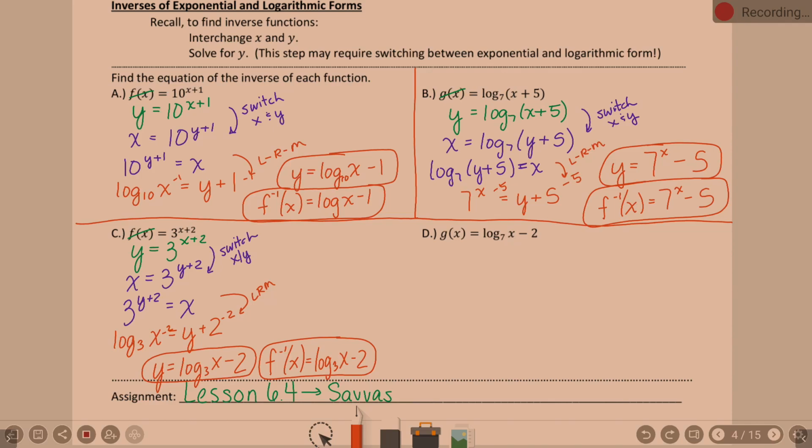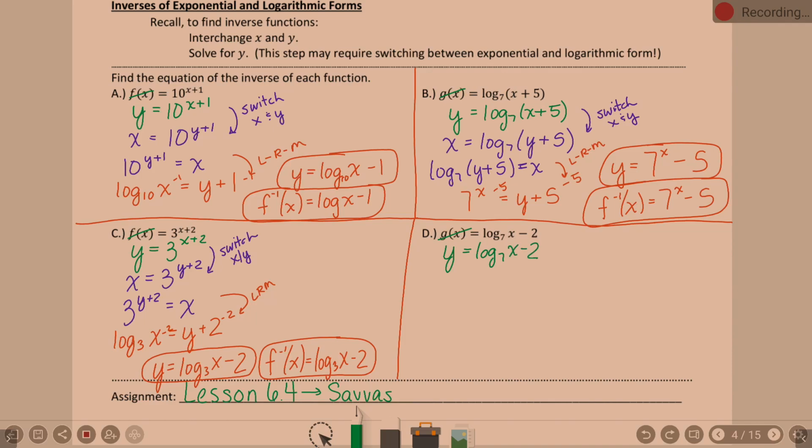Okay. One more? And you guys will have some work time? Okay. What do we know? Y. Yep. G of x is a fancy way for saying y.